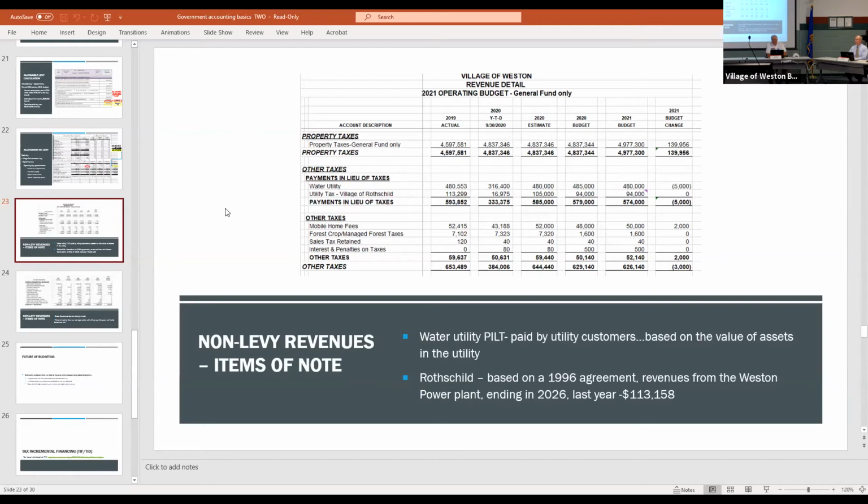I think it was at least 25. As time went on, it started to decrease, and now we're reaching the end of that agreement. So we are going to lose any contributions. That's what we're talking about here.